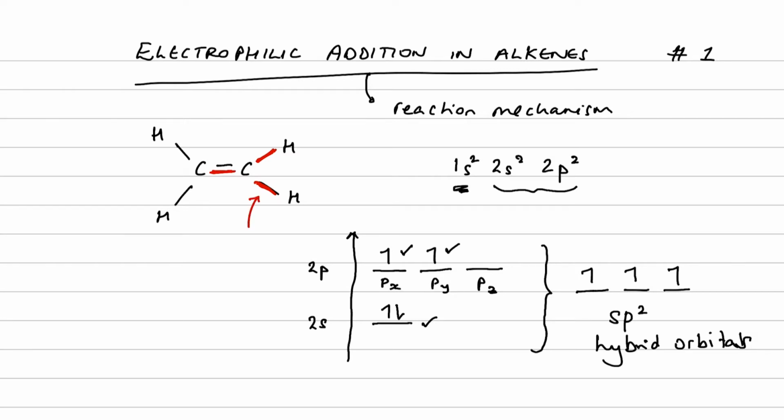These are known as sigma bonds. So half of our carbon-carbon double bond is a sigma bond. The other half of our carbon-carbon double bond is a pi bond, and that comes from the merging of the unused 2pz orbitals on each carbon atom.